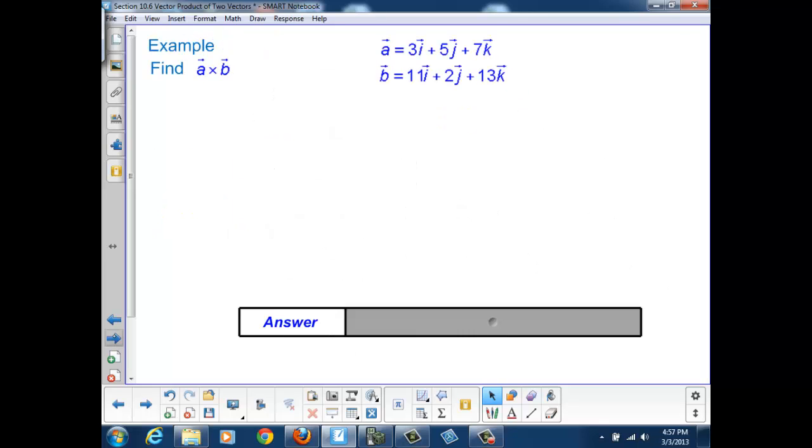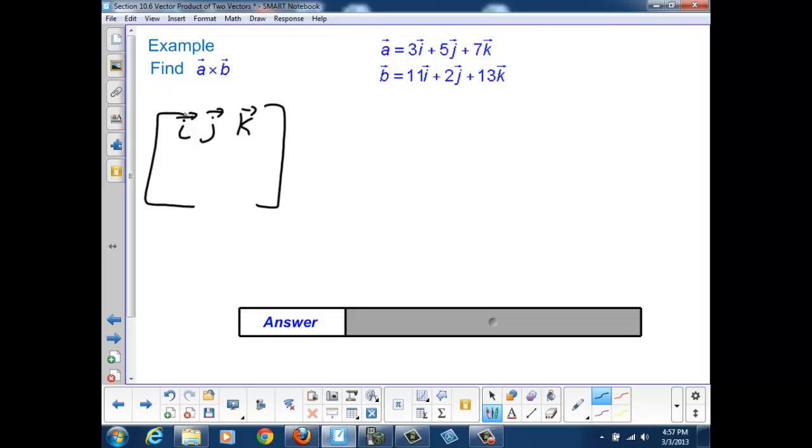So let's work out an example. Here we have A and B, 3i plus 5j plus 7k, and 11i plus 2j plus 13k. To find the cross product, first thing I'm going to do is create my 3 by 3 matrix to help me organize my information. So i, j, and k. And then my A coefficients, so 3, 5, 7.